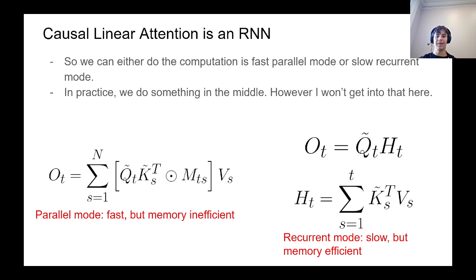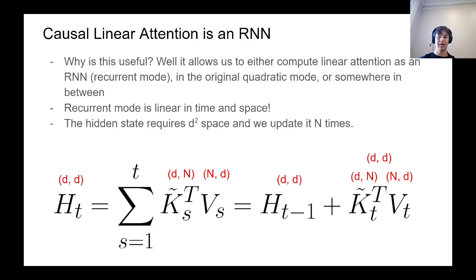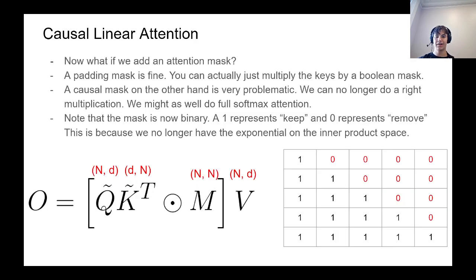So yeah, there's basically two modes you have here. You have a recurrent mode and a parallel mode. In parallel mode, you have a really, really fast computation. You basically have this matrix multiplication that you compute. It's fast. The parallel mode is actually over here.